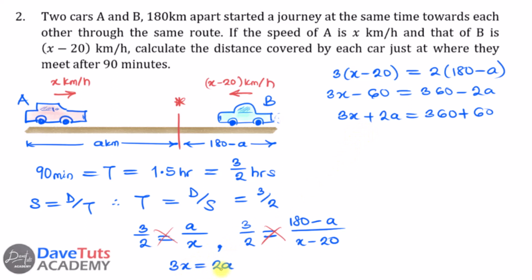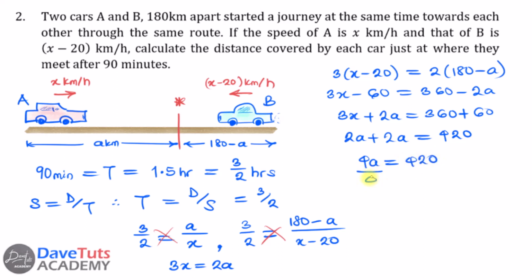Now look at this. 3x is equal to 2a, or 2a is equal to 3x. So this is inherently the same value. If I want to solve for a, since a is what I'm looking for, this 3x is 2a now. So I can say this is just 2a plus 2a is equal to 360 plus 60. That will be 420, so that I have 4a is equal to 420.